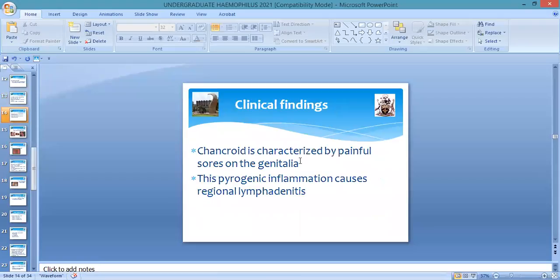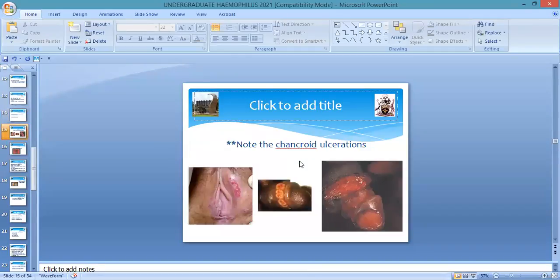So the clinical findings of Haemophilus ducreyi, I said it causes chancroid, which is a sexually transmitted infection. And chancroid is usually characterized by painful sores within the genitalia. And sometimes the inflammation can cause regional lymphadenitis, so you'll have swelling within the lymph nodes of the groin.